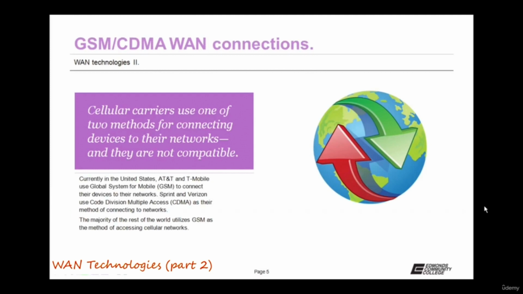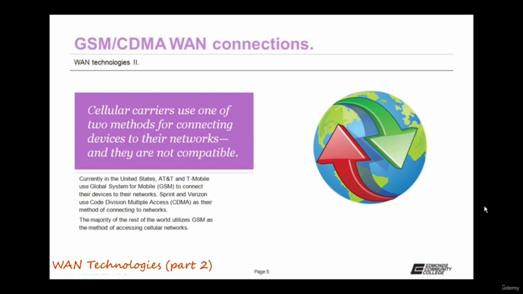All cellular carriers use one of two methods for connecting devices to their networks, and those methods are not compatible. Currently in the United States, AT&T and T-Mobile use the Global System for Mobile, or GSM standard, to connect their devices to their networks.